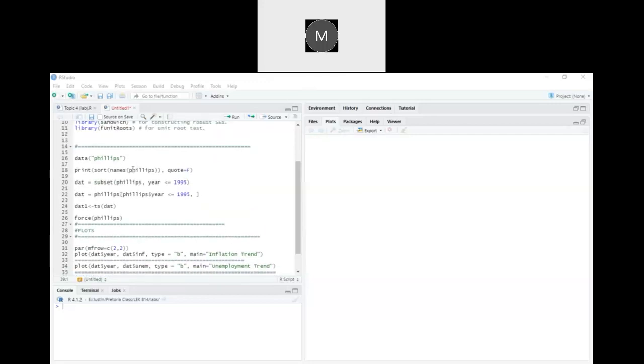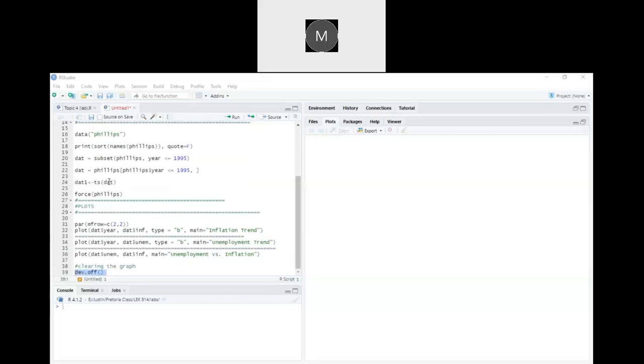Yesterday we went further to learn how to subset the data, and in this aspect we picked data from the year 1995. Remember, data extend up to the year 2003. We also looked at how to set the data.